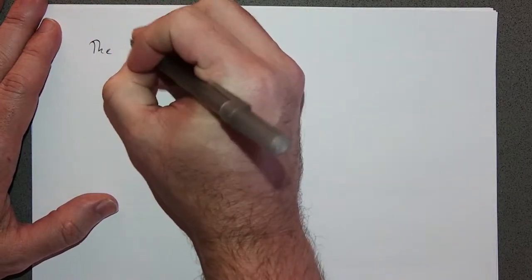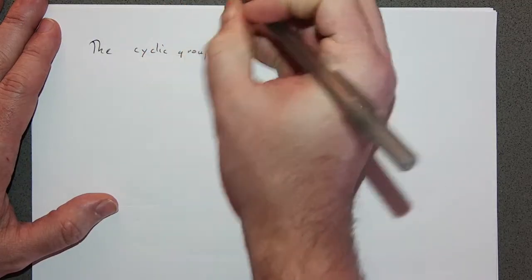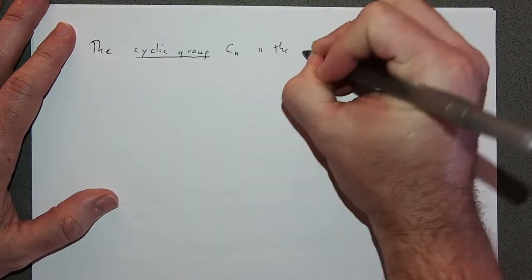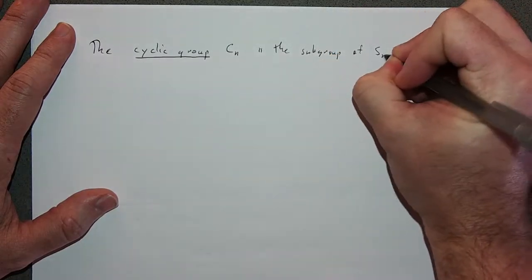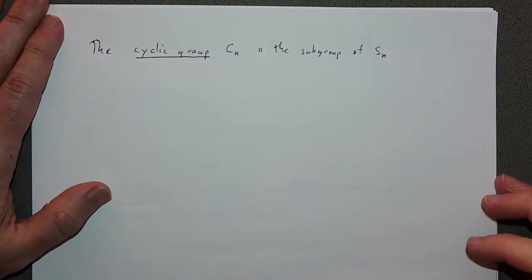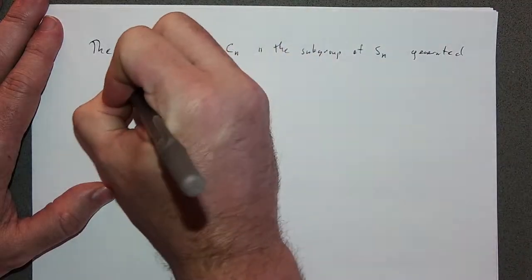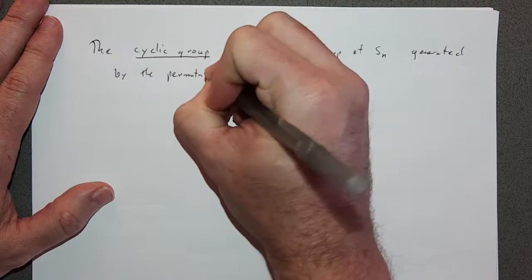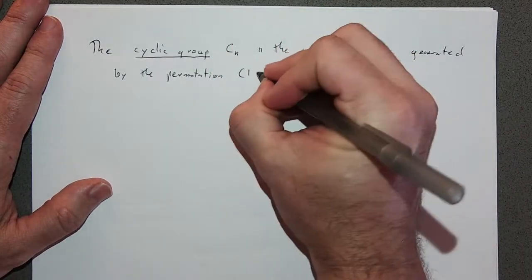The cyclic group C sub n is the subgroup of the symmetric group S sub n generated by the permutation that is simply the cycle of length n.